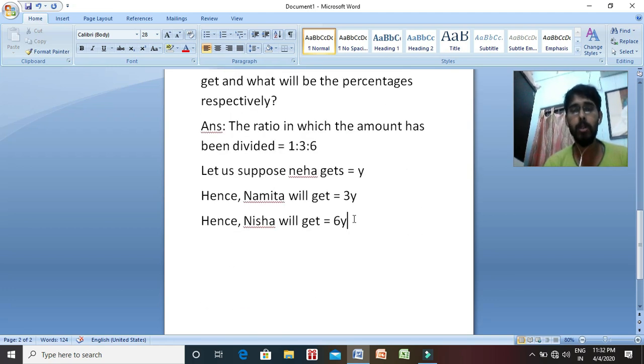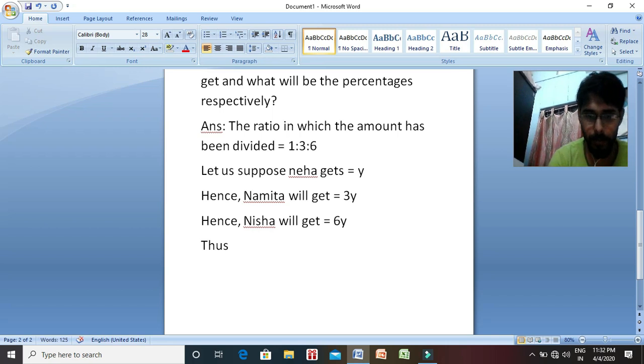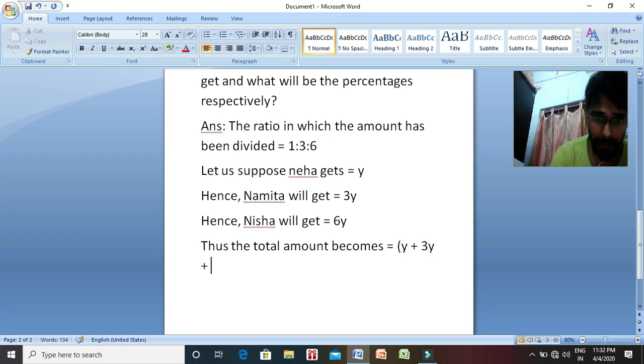So in order to do that, the total amount shall be equal to, we need to add them, y plus 3y plus 6y, okay.